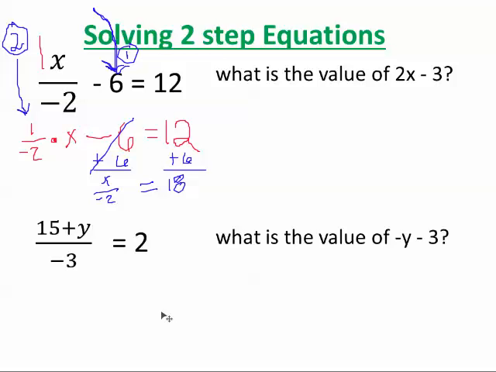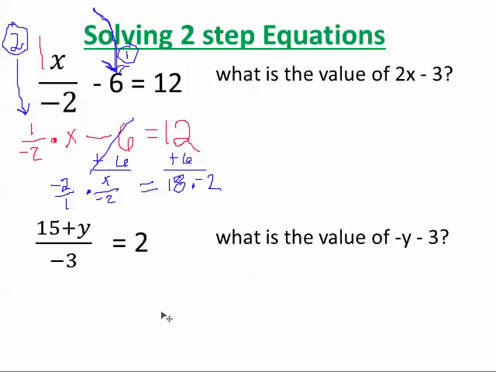Same thing. Now I have x divided by negative 2, and if you recall on the last screen, we had x times 2, so we divided. But now we're dividing by negative 2. I need to do the inverse of that. I can think of it as multiplying by negative 2, or multiplying by negative 2 over 1, however it helps you to look at it.